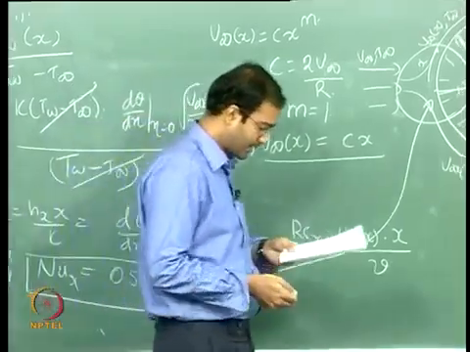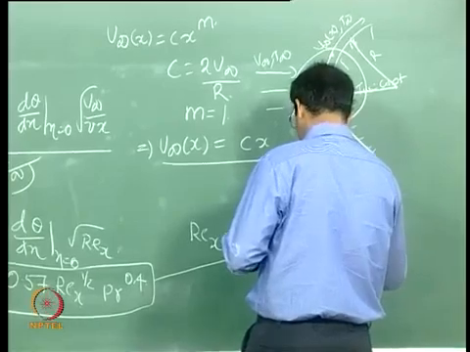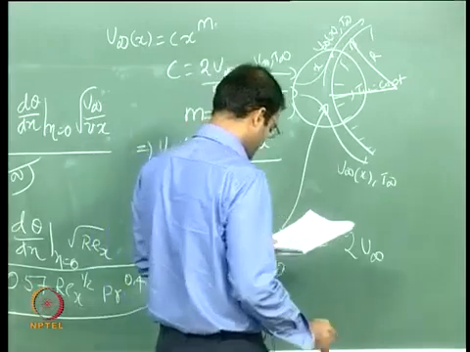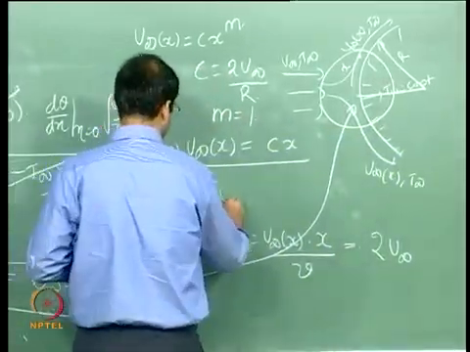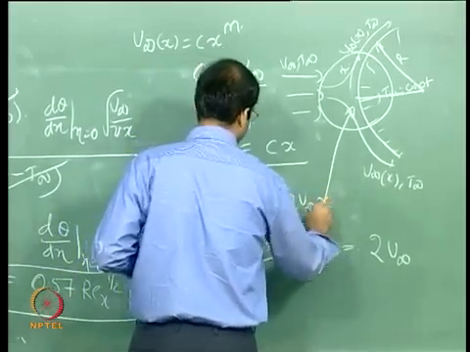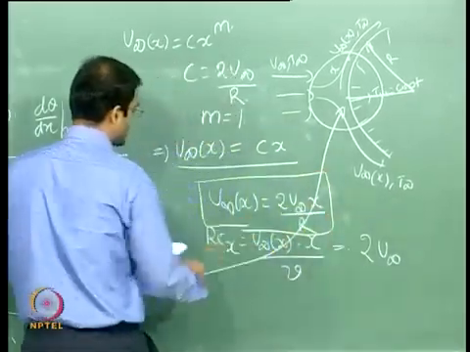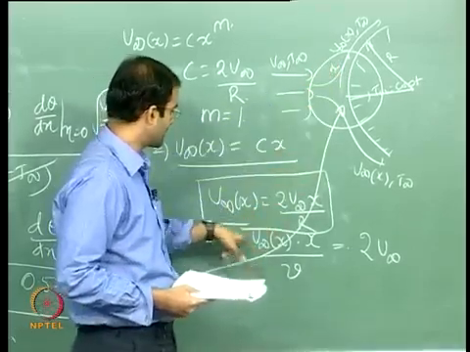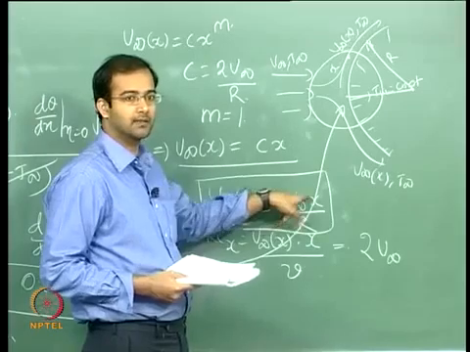Now you can write your u infinity of x in terms of 2 u infinity x by r. This is your local velocity related to the free stream velocity for the stagnation region. So you can substitute for u infinity in terms of the constant free stream velocity, x and r.